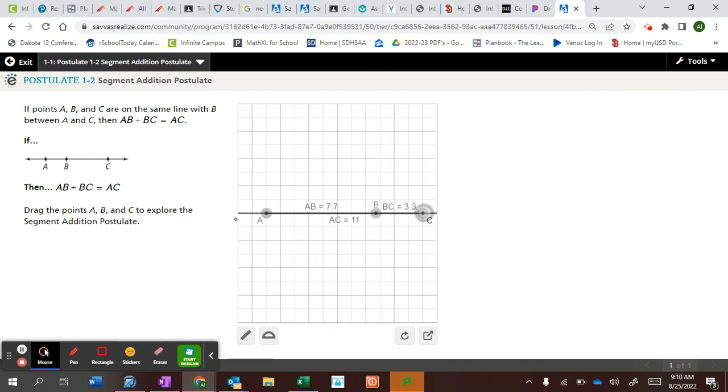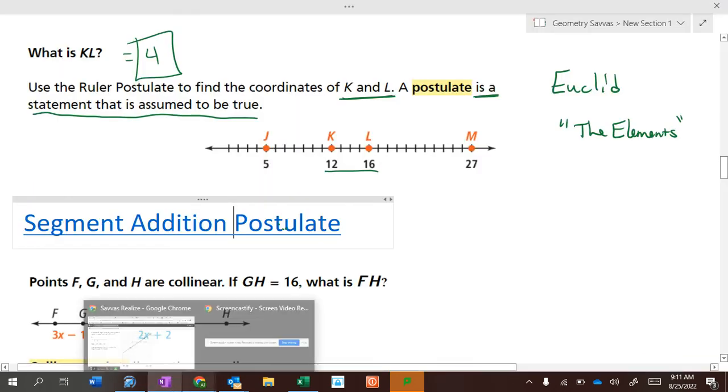Or if I move C a little bit, 7.7 plus 3.3 equals 11, and so on. Okay? As long as they line up in the same line, you can take one small segment plus another small segment and add them up to equal the big segment. Segment addition postulate. Fairly straightforward.